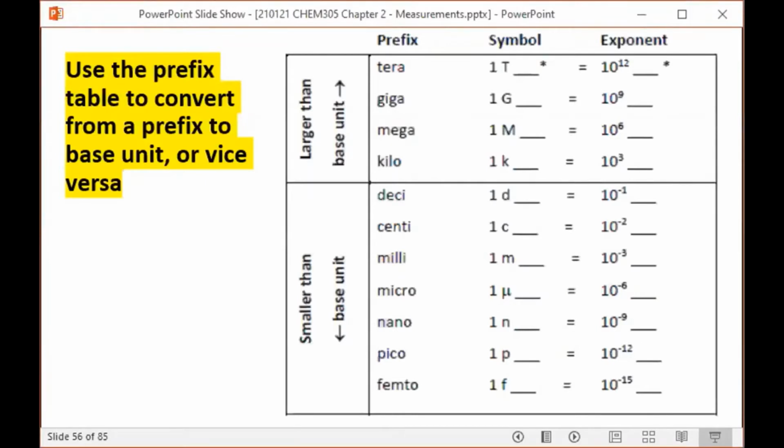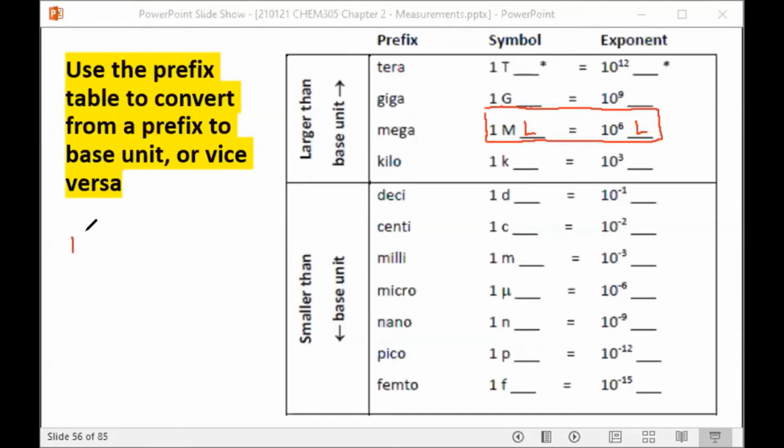Here's our prefix table, and to remind you how to use it, this is shared on Canvas on our class website. You can also use the one that's in your textbook. To use the one that I shared, you just fill in the blanks with the base unit that you're interested in. Let's say we're interested in liters. 1 megaliter is 10 to the 6 liters. This is our conversion factor to convert between megaliters and liters.